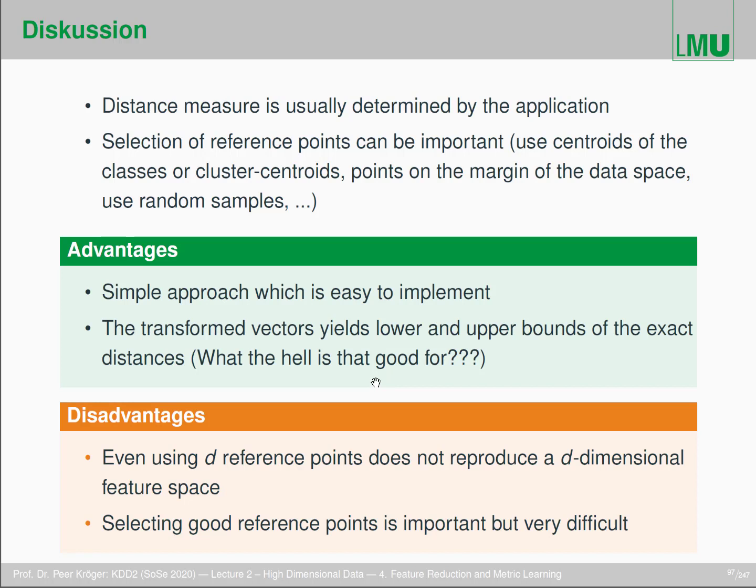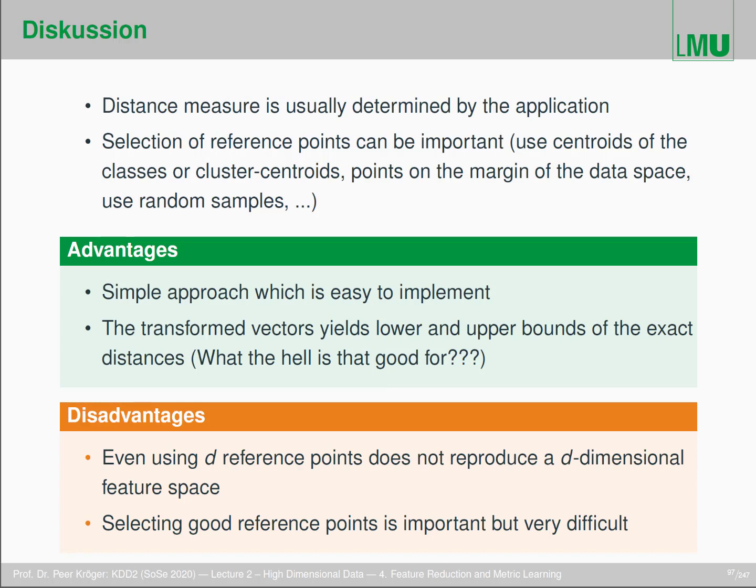Well, that can have very interesting performance perspectives. If you have upper and lower bounds, you can use them in some algorithms to prune candidates, for example, to exclude candidates from further inspection. That can be quite beneficial.